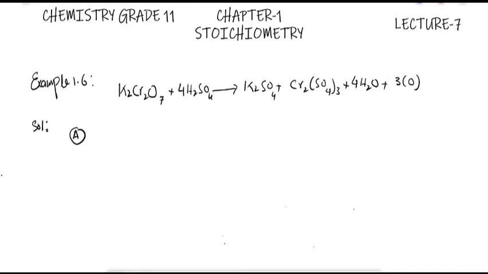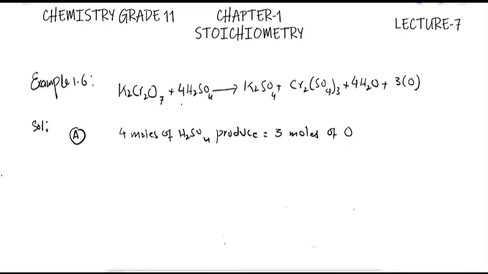So the first part of the question is to calculate the mass of atomic oxygen produced. So again, you know that sulfuric acid is the limiting reactant, and we have 2.04 moles of sulfuric acid. So we have to do the calculations from sulfuric acid to calculate the mass of atomic oxygen produced. So again, from the balanced chemical equation, we know that 4 moles of sulfuric acid produce 3 moles of atomic oxygen.